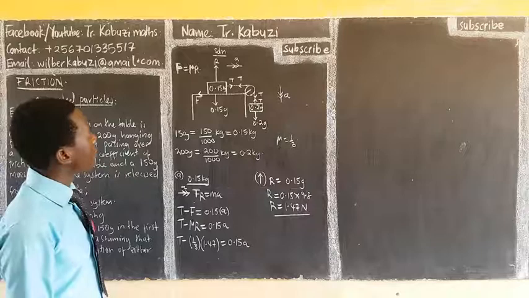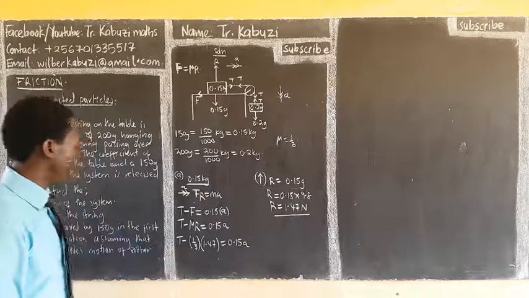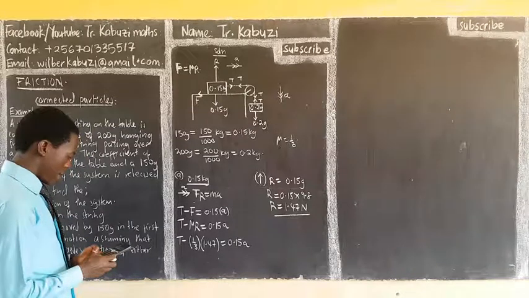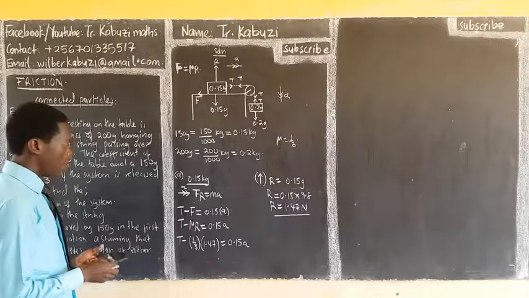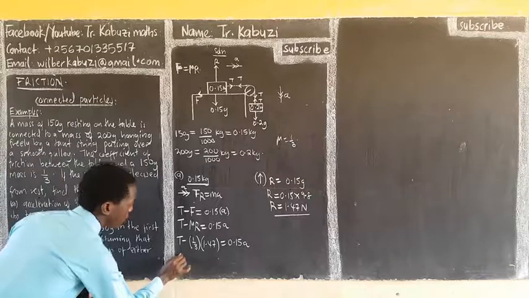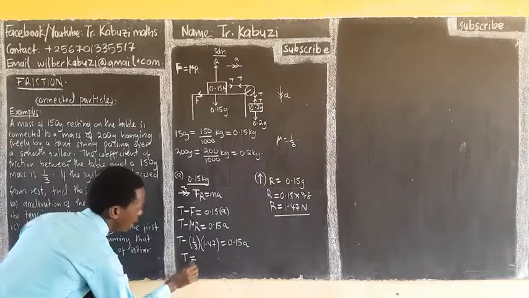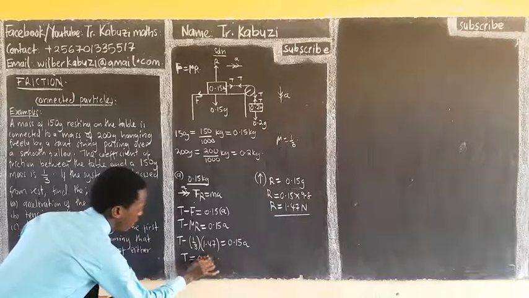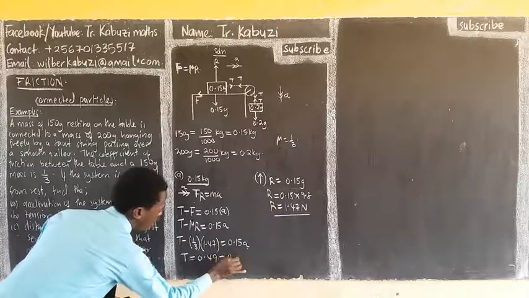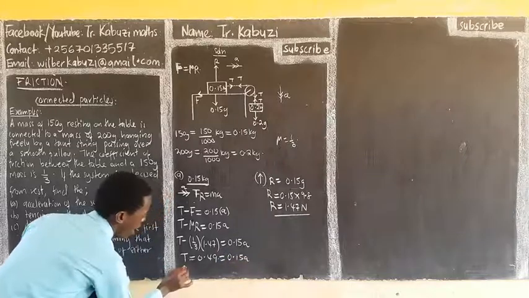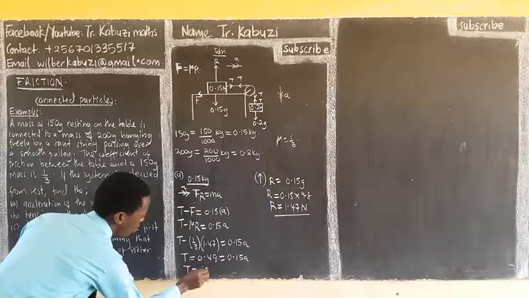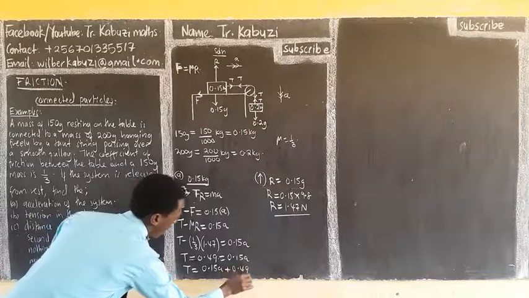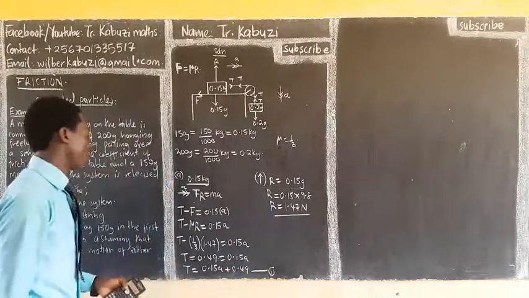Once I have that, when we simplify this, we shall get the whole of this giving us 0.49 equal to 0.15a, implying that now my T will be 0.15a plus 0.49. I call this equation 1.